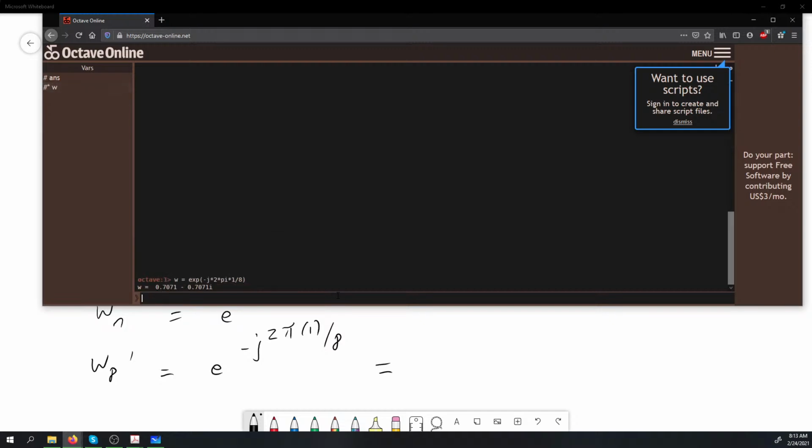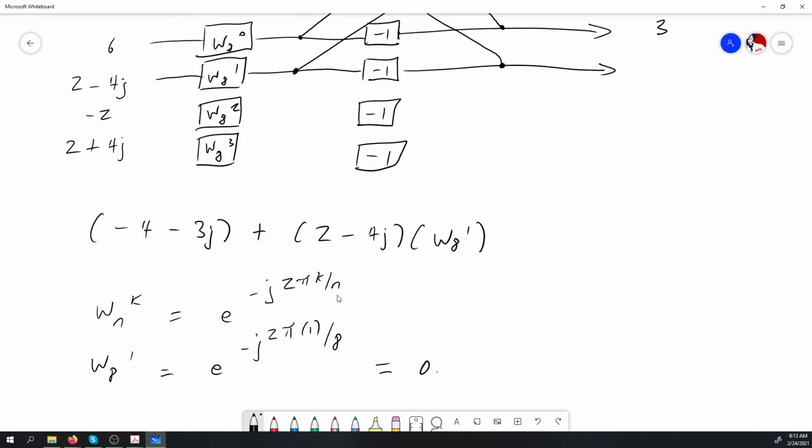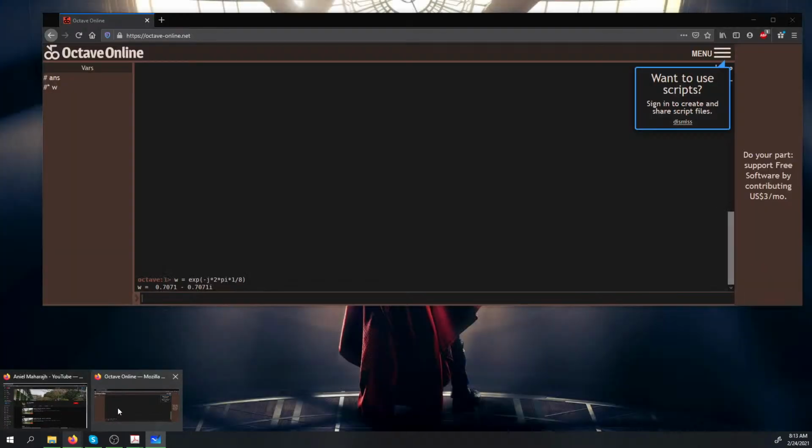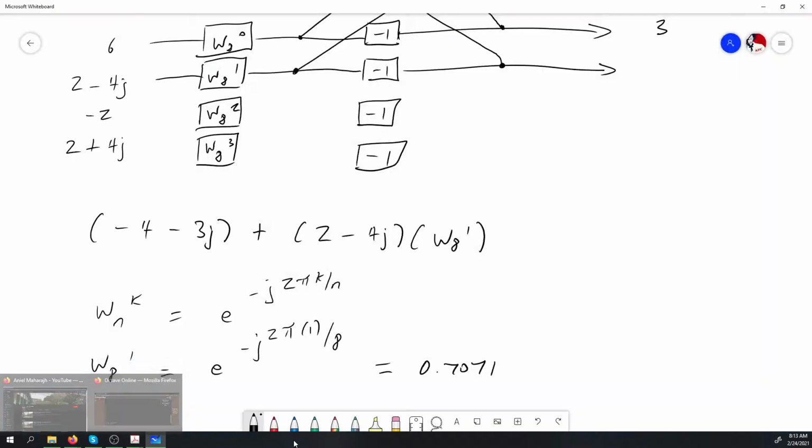And we get our twiddle factor here. So that here is going to be 0.7071. Let's bring that back up. Check what that was. Minus the same thing with j. And then we just calculate that out accordingly for the entire thing.